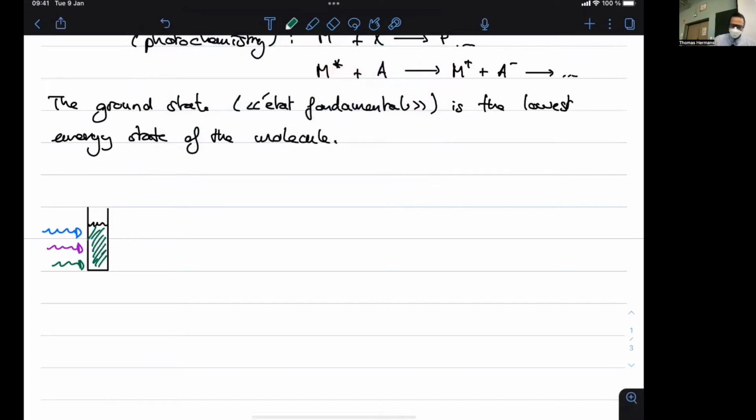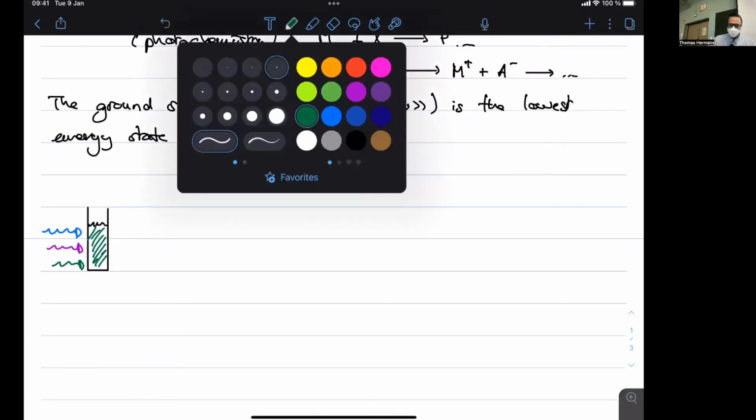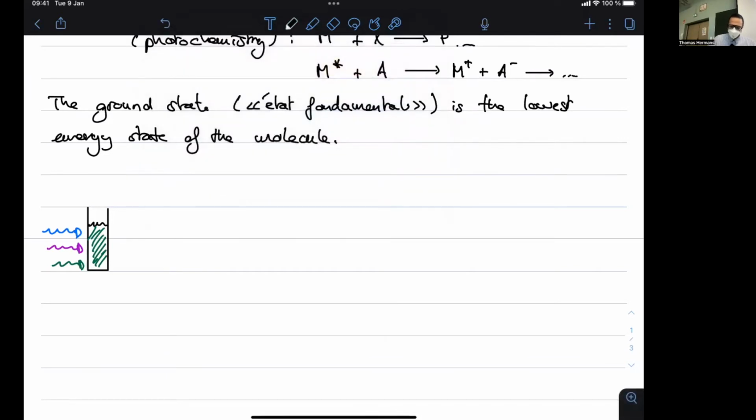Your molecule has a certain absorption. And you have a little detector here that looks at the light that passes through the cuvette. So the transmitted light, right? So this light would be called incident, and the light that comes out is transmitted. And the rest is absorbed, right?